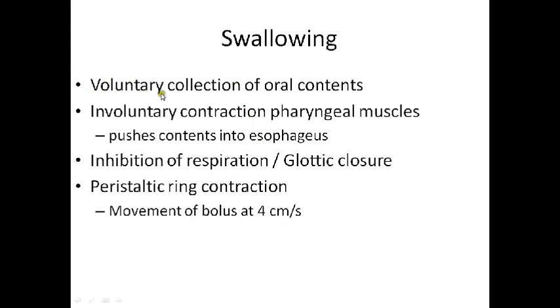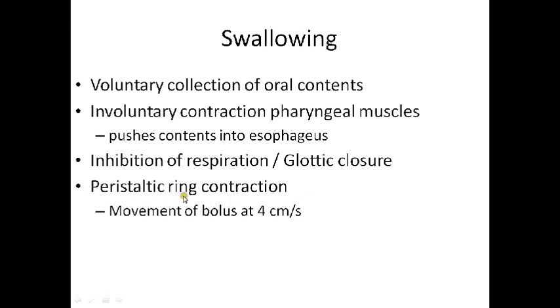Swallowing begins with a voluntary collection of oral contents, the bolus of food. It's followed by an involuntary contraction of the laryngeal muscles. This action pushes the food contents into the esophagus, and during this there's an inhibition of respiration and glottic closure so that food material doesn't go into the bronchus.